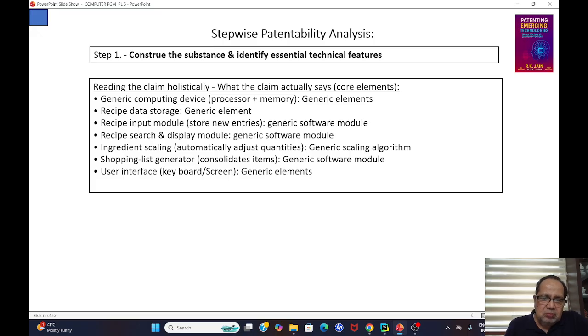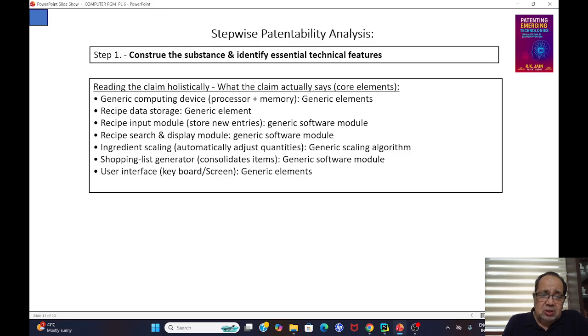Input module, which is some software module which will take in the input in the form of the recipe instructions. Search and display module, by which the user is able to identify the recipes. So it is also a software module. Then a scaling module which automatically adjusts quantities as defined by the user chosen serving requirements.